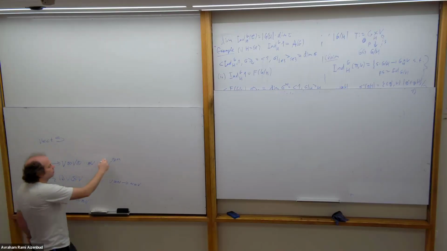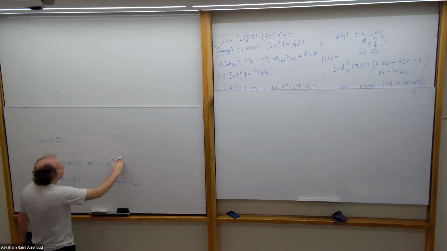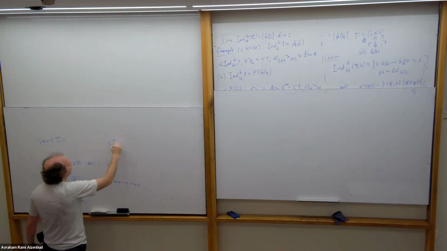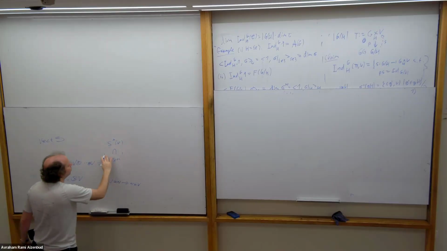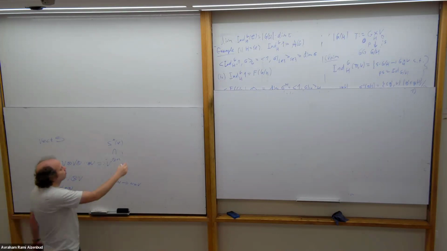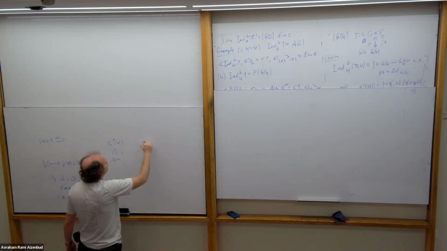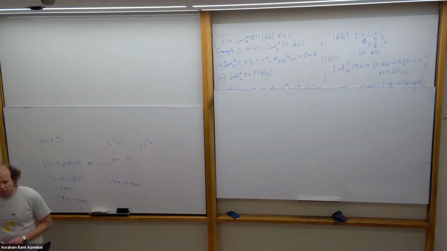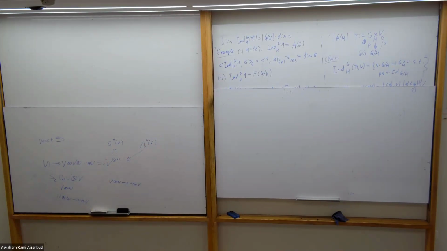Now you can generalize this. So you have S^n V, which are symmetric vectors, vectors which are invariant with respect to any permutation of all these factors. And you have Lambda^n V, which are vectors which are antisymmetric.